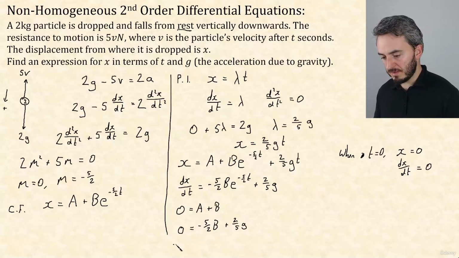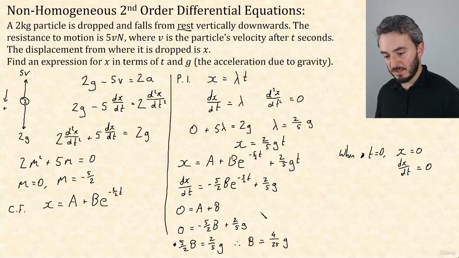So that means that positive 5/2 B is 2/5 g, and therefore B is 4/25 g, and that means that A is minus 4/25 g.